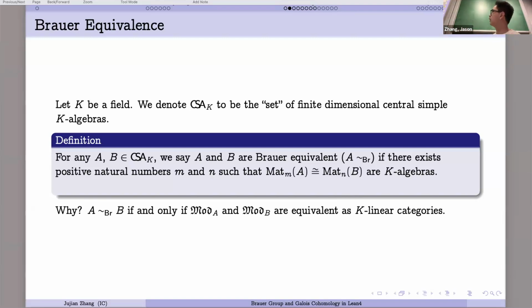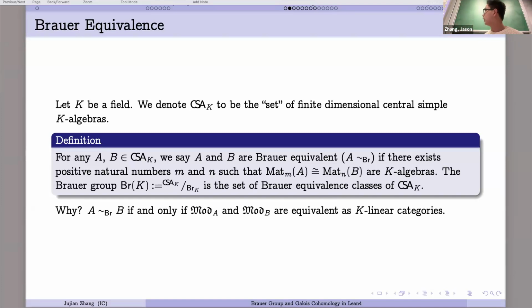A and B are Brauer equivalent if and only if their categories of modules are equivalent as K-linear categories. If we use this definition in terms of equivalence of categories, then we will see that obviously this is an equivalence relation. So if we quotient by this equivalence relation, we get the Brauer group over K.